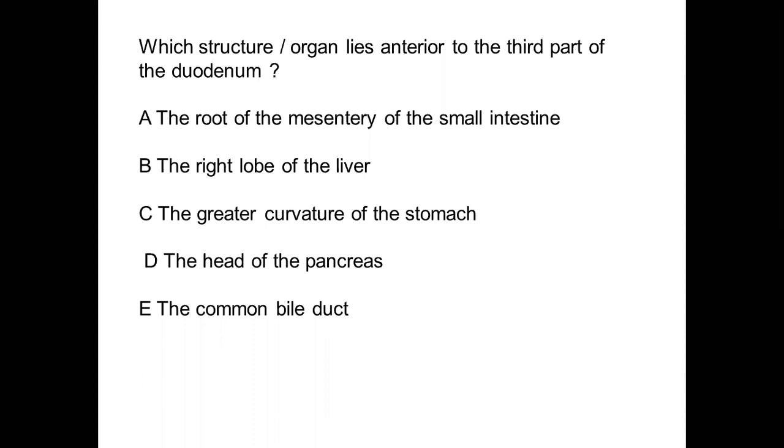It contains superior mesenteric vessels. Yes, superior mesenteric vessels. So it's a very important relationship that in the third part of the duodenum anteriorly lies the root of the mesentery of the small intestine, which contains superior mesenteric vessels. And yes, Rubina and Nupur, you both are right in the chat box. Excellent.